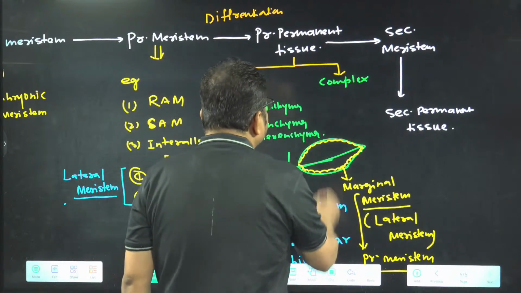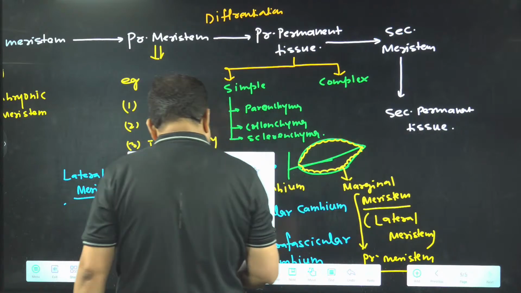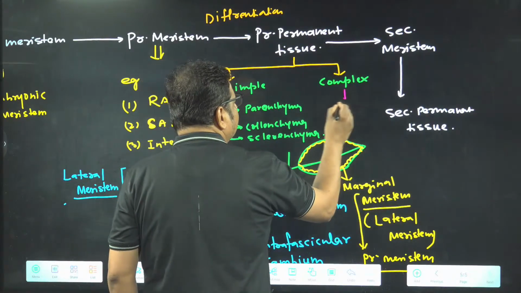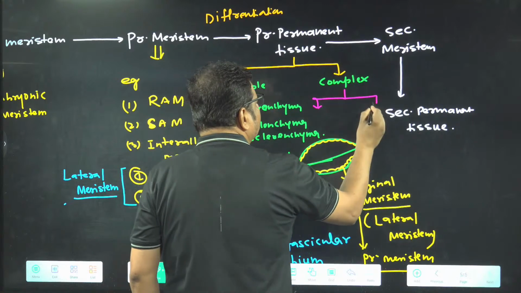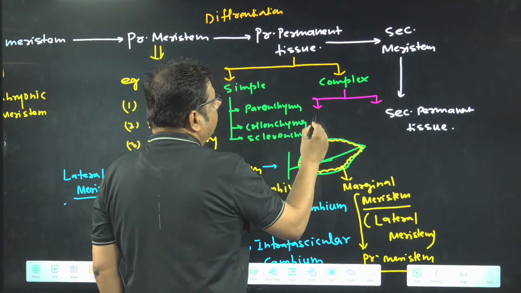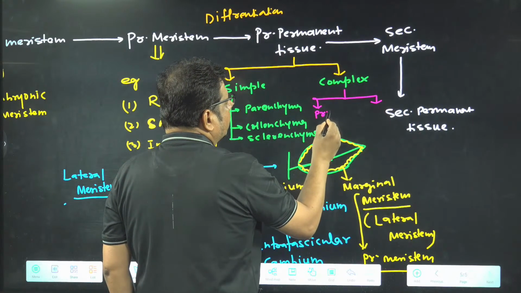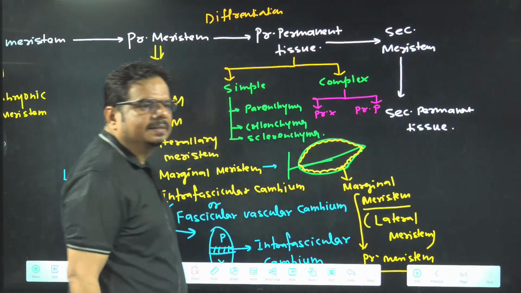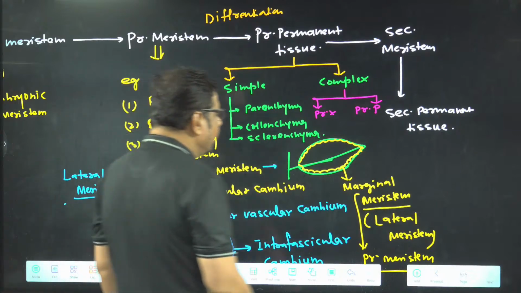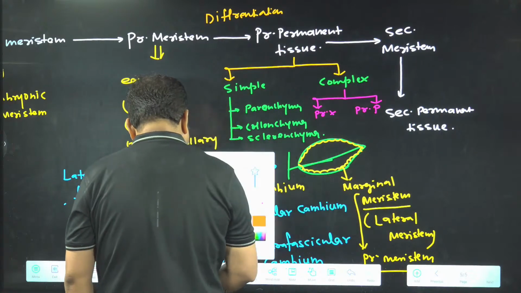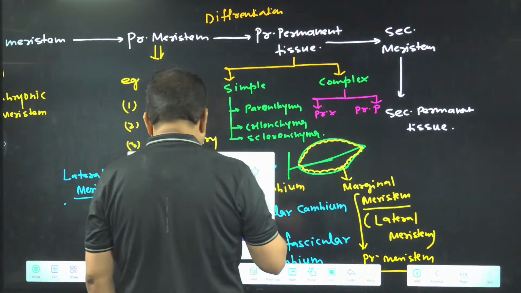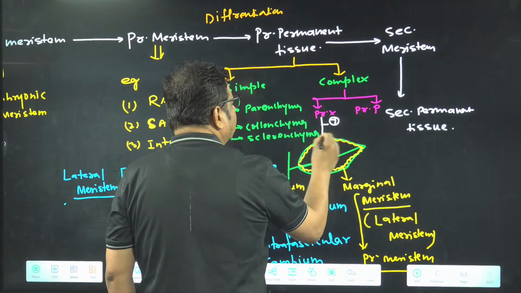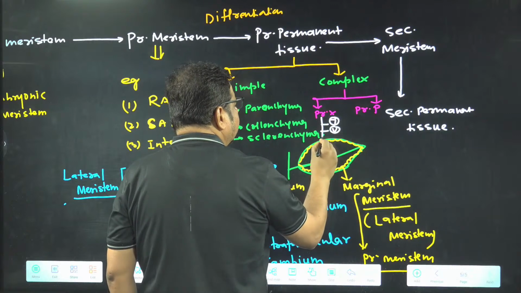Now complex permanent tissue is further of two types. One is primary xylem, and another is primary phloem. In short, I wrote X and P. So in primary xylem, what are the components? Tracheids, vessels, I will teach it later.